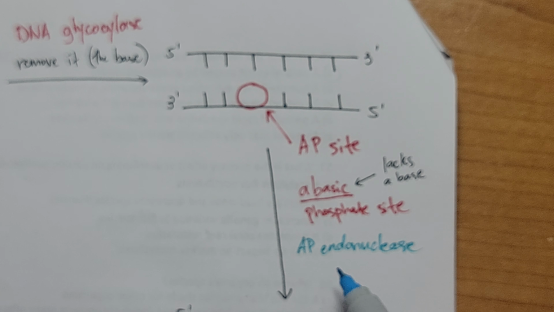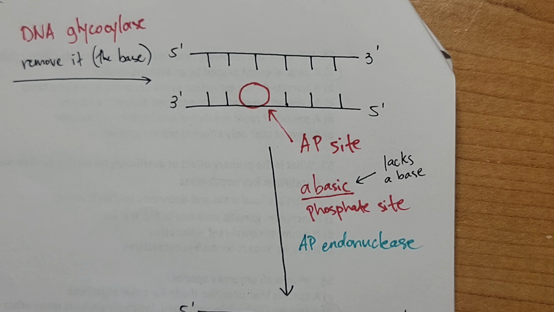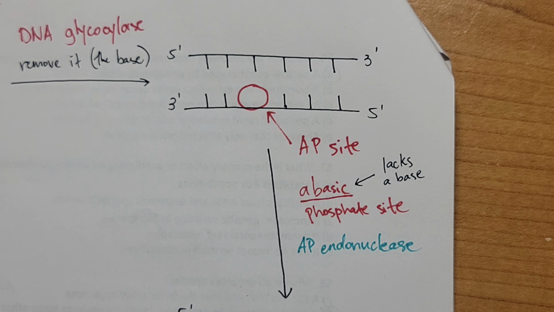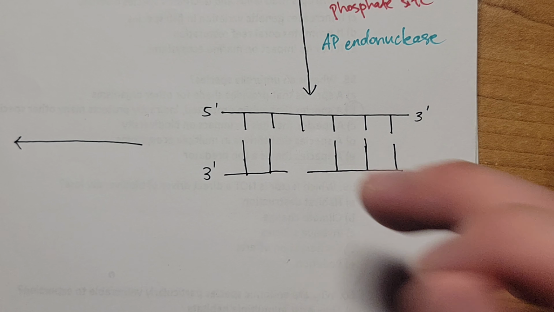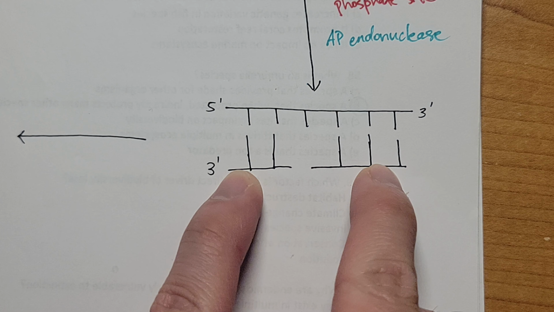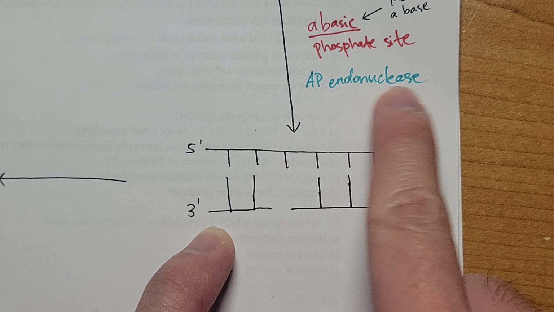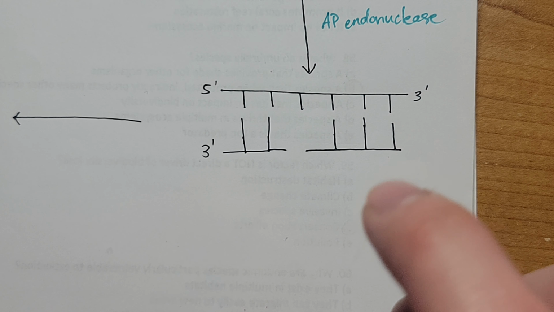So, AP endonuclease will make a cut, or it will cleave, somewhere around here on the AP site. Once it cleaves, you will have this product over here, right? Now you have a separated strand because it made a cleave over here. This AP endonuclease did it because it recognized that there was an AP site. So now you have this.